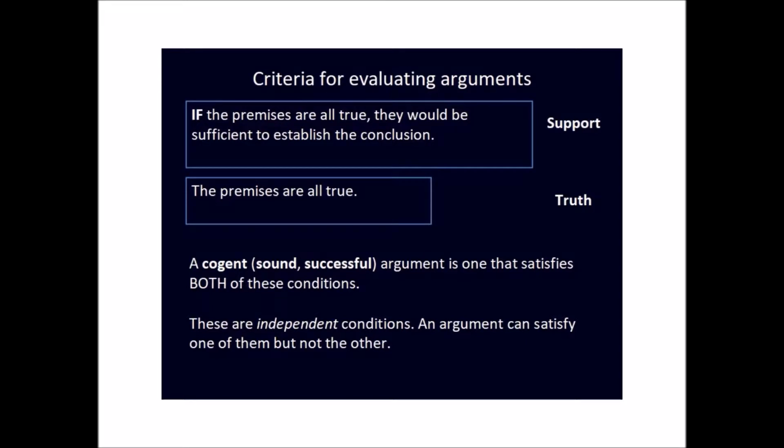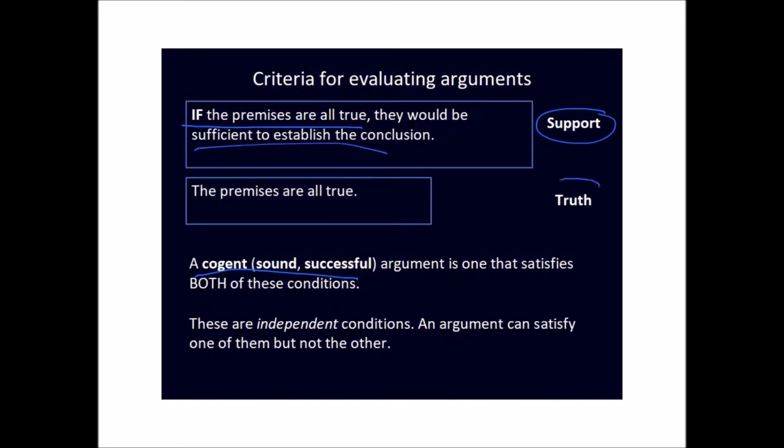So an argument that satisfies both of the two criteria that I've mentioned would be a successful, a cogent or a sound argument, all different terms for the same thing. Why? Well, look, if the premises support the conclusion, that means that if we accepted all the premises as true, we'd have a sufficiently good reason to believe the conclusion was true.